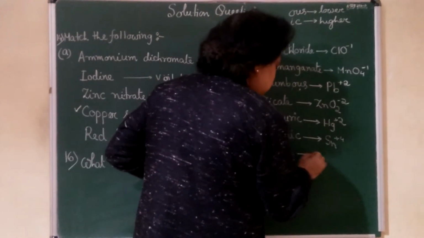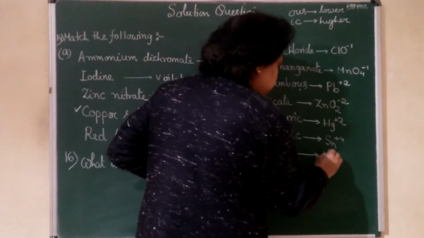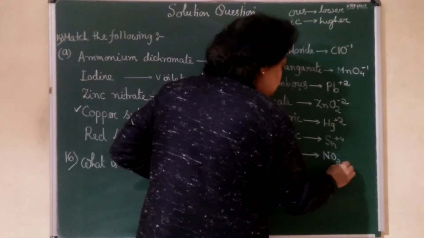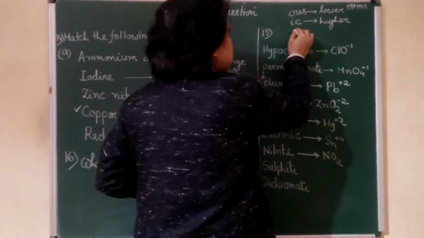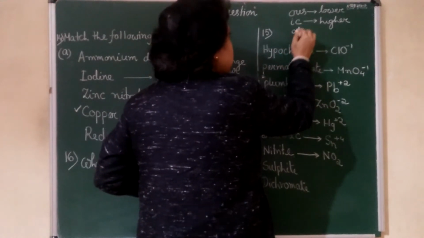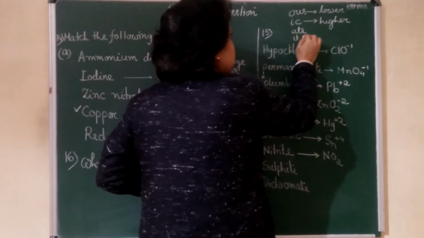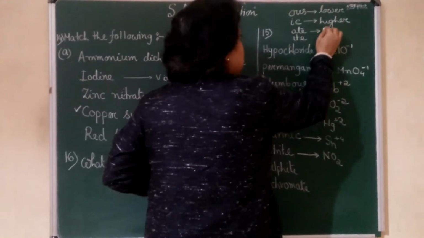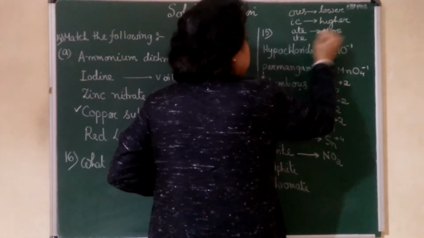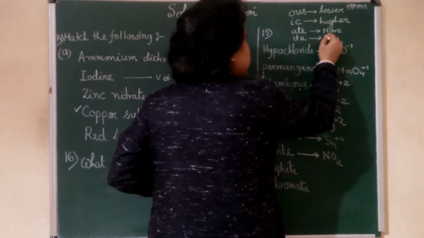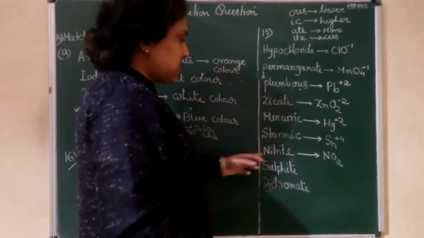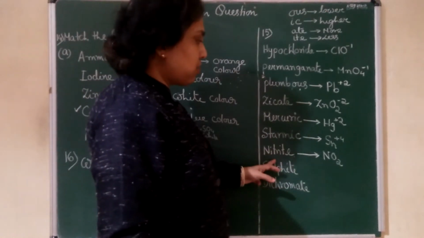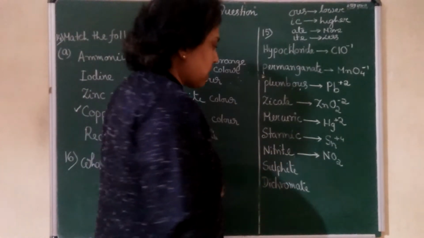Nitrite, ite. So it is NO2, not NO3. NO3 is nitrate, ate and ite. Again, you remember: ate has more oxygen, more number of oxygen, and ite has less number of oxygen. So nitrate is NO3 and nitrite is NO2.